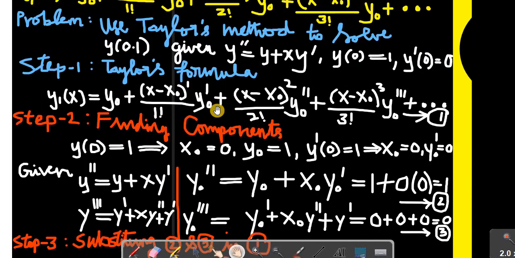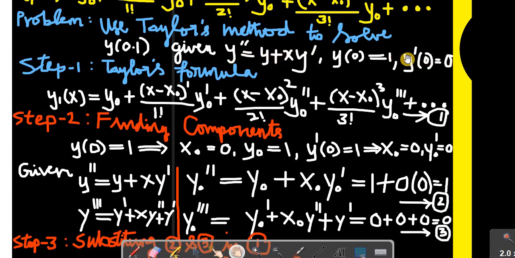Now we'll take one problem. This is the problem given to us. The given ordinary differential equation is y double dash equals y plus x y dash with the initial conditions y of 0 equals 1 and y dash of 0 equals 0.